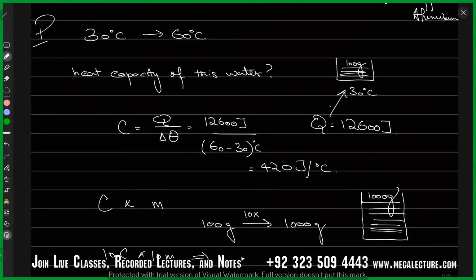So the heat capacity for 1,000 grams of mass would be 420 joules per degree Celsius times 10, which would be 4,200.